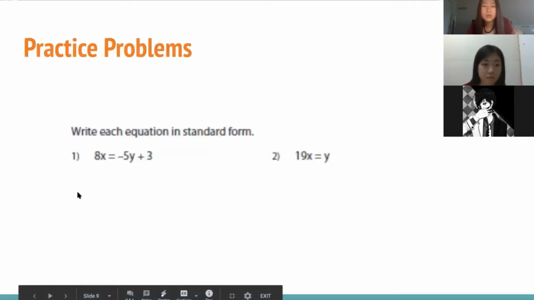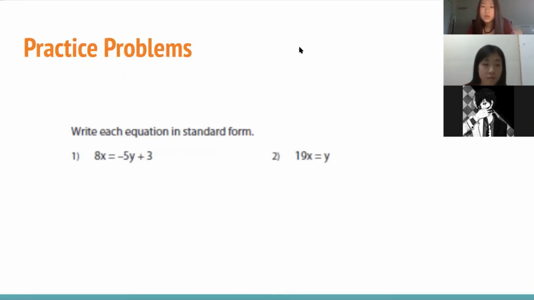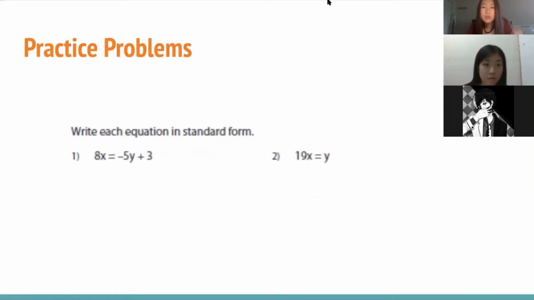Okay, here are some practice problems. I'll go over the first one so you can see how we're doing this. In this case, you want this number to be alone by itself.